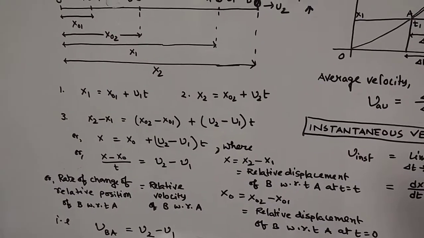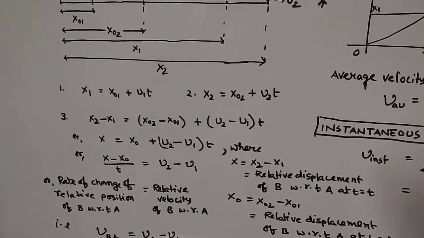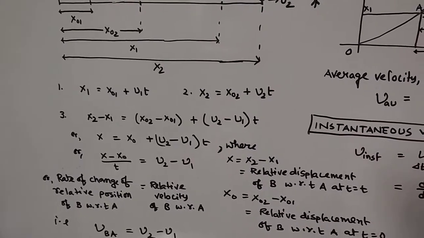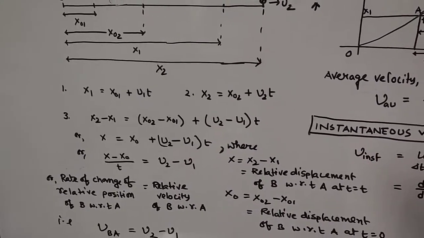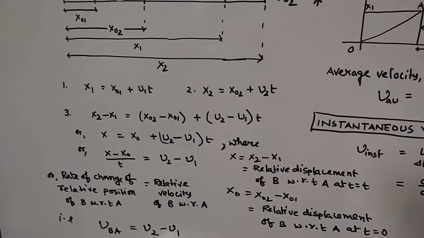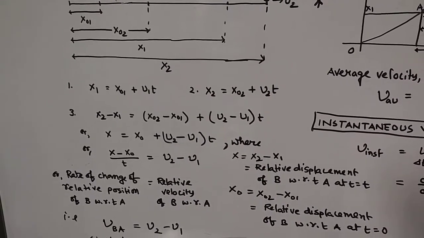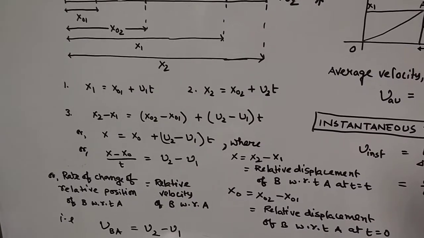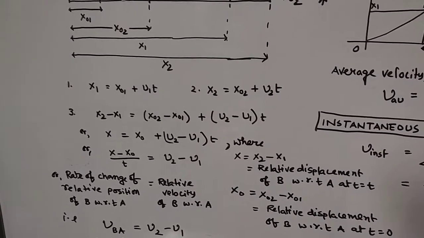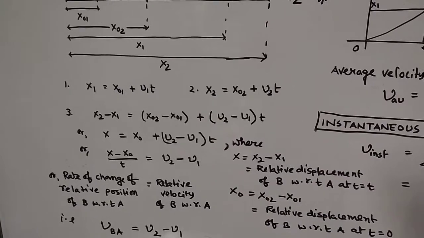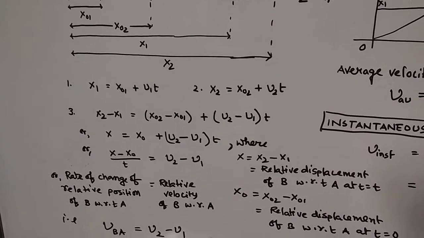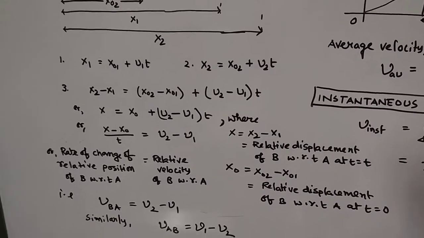So (x minus x0) by t equals v2 minus v1, which gives you the rate of change of relative position of B with respect to A, and this is the relative velocity of B with respect to A.